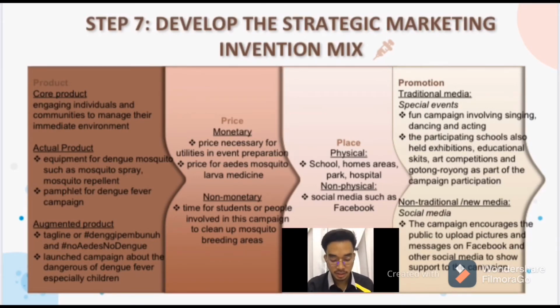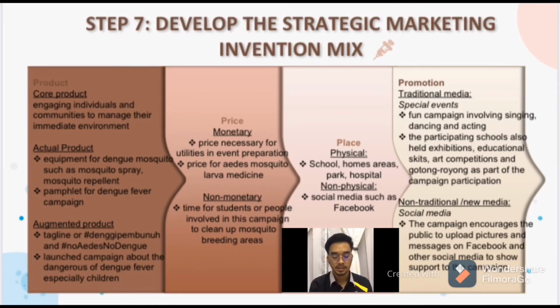Actual products are tangible goods and services that your campaign will focus on to promote and what your audience is getting. For example, in this campaign, we use equipment for dengue mosquito control, such as mosquito spray or mosquito repellent. In addition, this campaign also provides pamphlets for the dengue fever campaign.